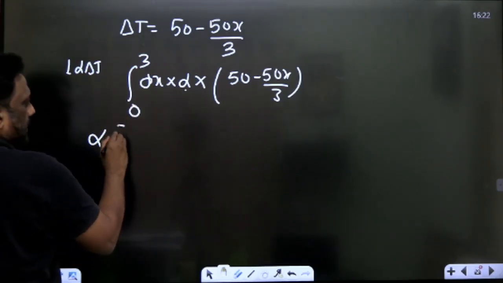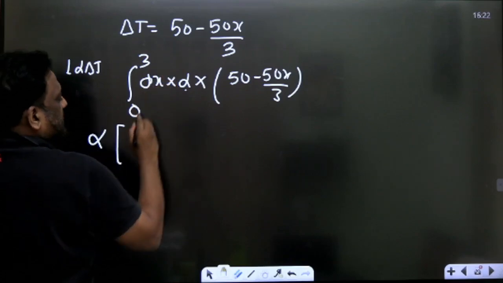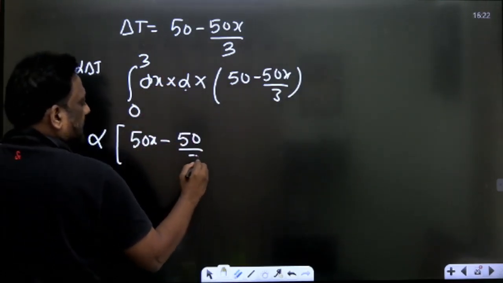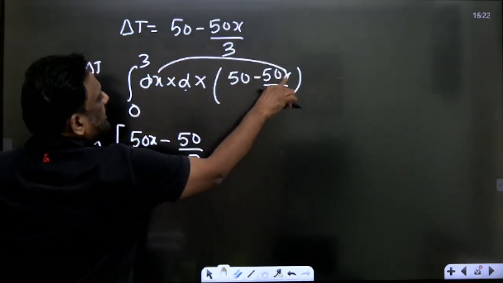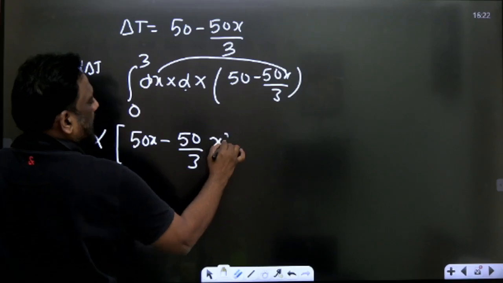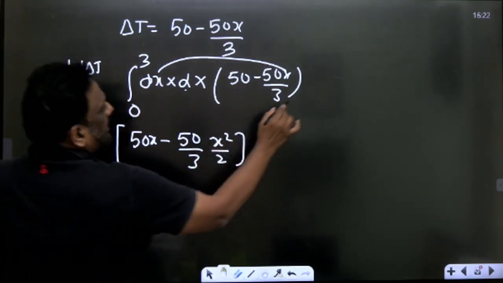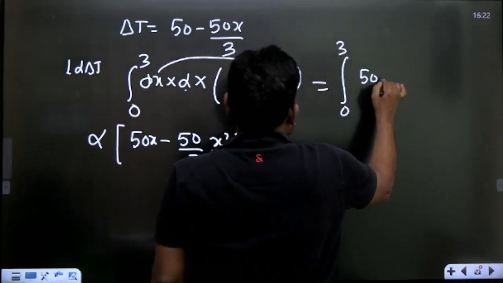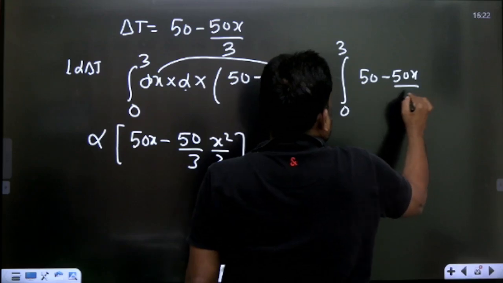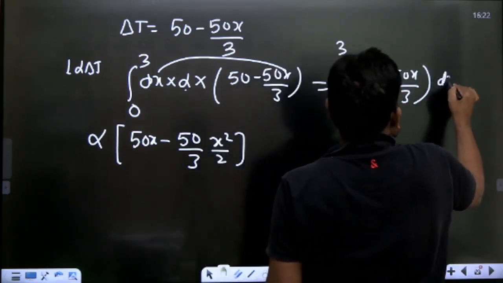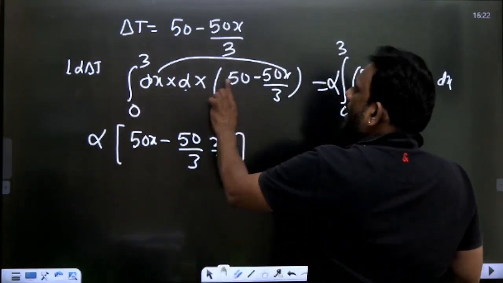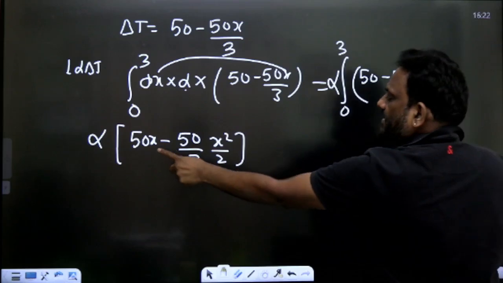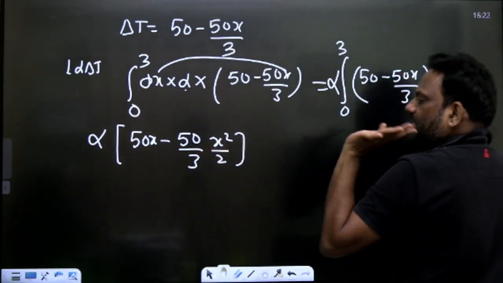Alpha is constant, so take alpha outside. Integrate 0 to 3, 50 minus 50x by 3 into dx. I have taken out alpha constant. 50 dx is 50x. 50 by 3 x dx is x square by 2.